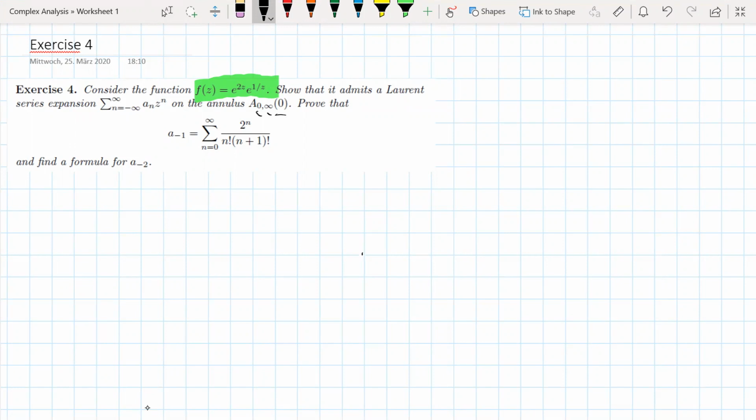So this is the 0, and then we want to find the Laurent expansion in the region outside. We want to show this exists, and actually, in general, it's a bit difficult to compute.